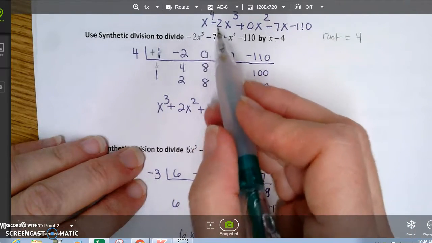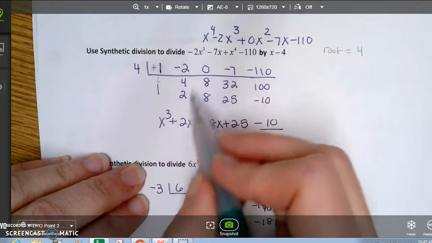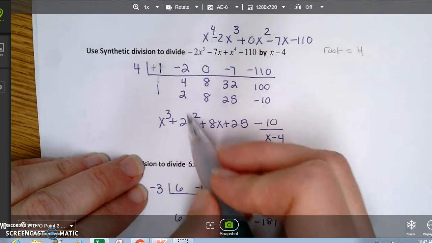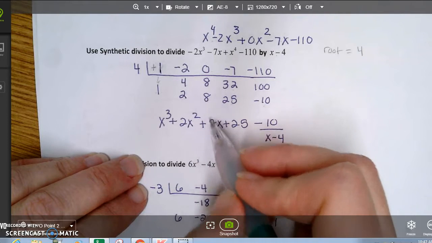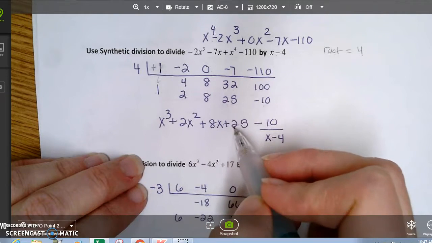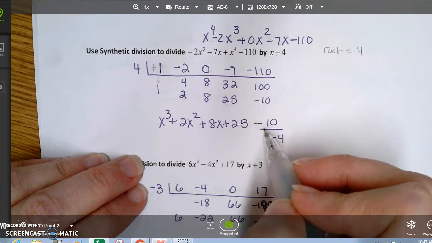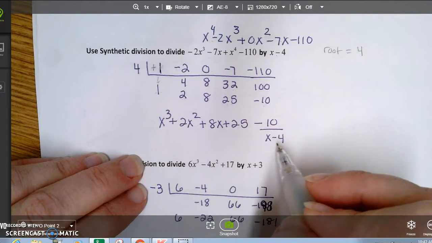So I've gone from an x to the 4th power to an x cubed. So 1x cubed plus 2x squared plus 8x plus 25 with a remainder of negative 10. So I write negative 10 over x minus 4.